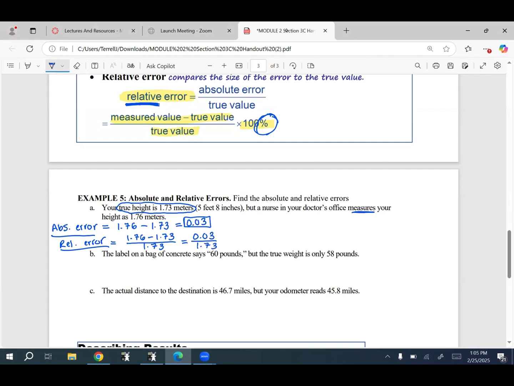If you divide that on the calculator, you're getting 0.0173. We want to make that a percentage for relative error. See, I circled percentage here. You always want the relative error to be a percentage. So move the decimal point 2 places to the right and add the percent sign. So that's 1.73%.